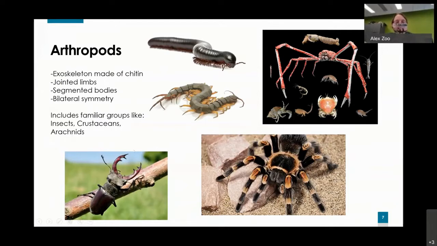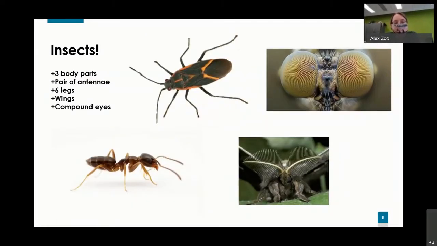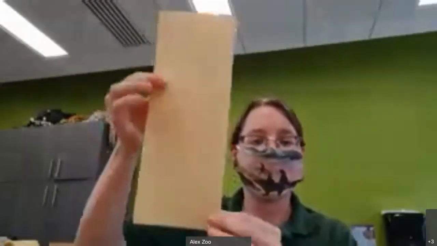These all have some different characteristics. Insects have 6 legs, antennae, wings, compound eyes. So we can go back to our craft that we are working on. And if we were to make an insect, what do you think we should do with our scissors?